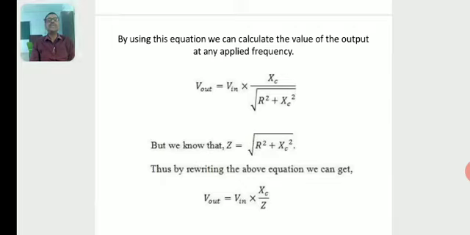But we know that Z is equal to root of R square plus X square. Thus, V output is equal to V in into XC by Z, where V output is the output voltage, V in the input voltage, XC the capacitive reactance, and Z the impedance of the circuit.